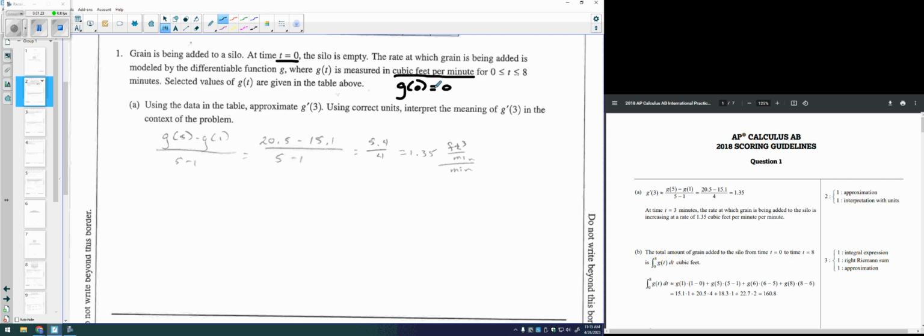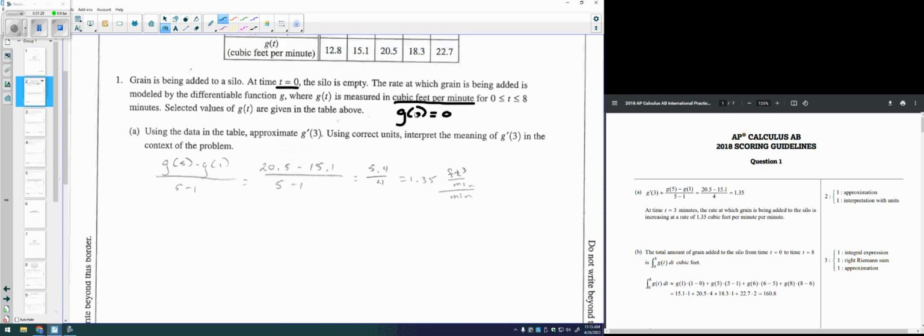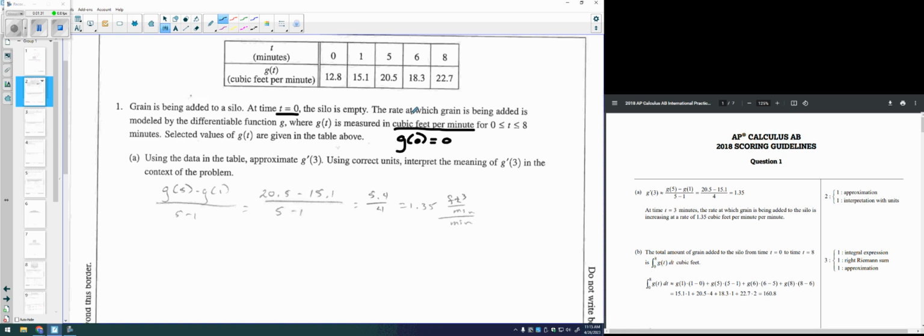Okay, question A. Approximate G prime. I have no function. All I have is a table. So I can't find G prime, the actual derivative of G. The only other way of approximating an instantaneous rate of change is by doing the average rate of change.